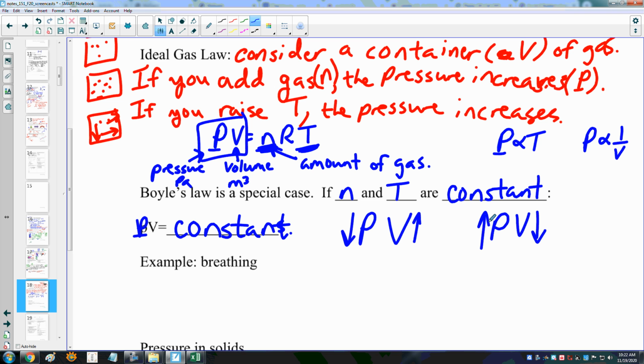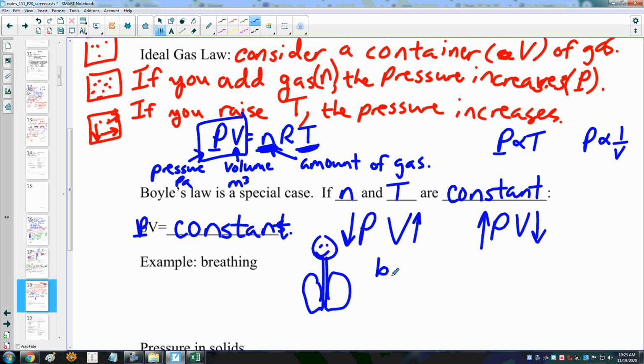A good example of this is when you're breathing. So when you're breathing, you have your lungs. And when you breathe, what you do is you change the volume of your chest cavity.